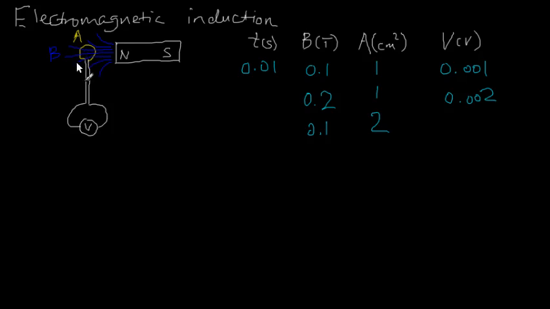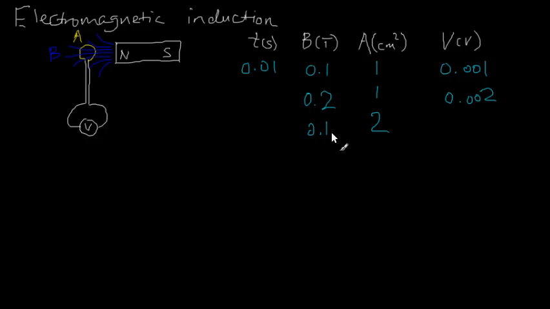Now as I said, I have assumed that the loop is a bit smaller than maybe the thickness of the magnet or the width of the North Pole, so that if I use a slightly bigger area, all of the field from the North Pole will still go through this loop, and it will still be quite uniform.